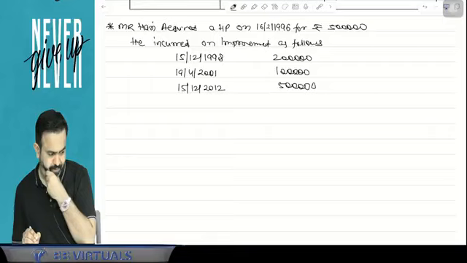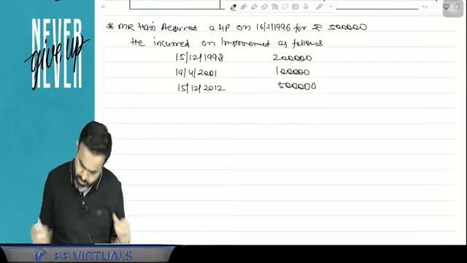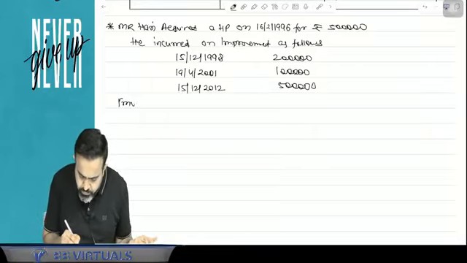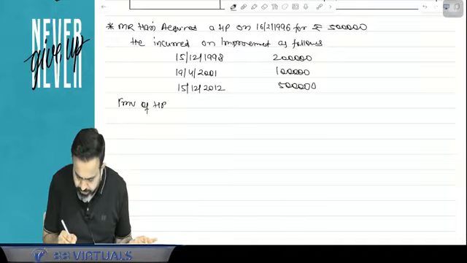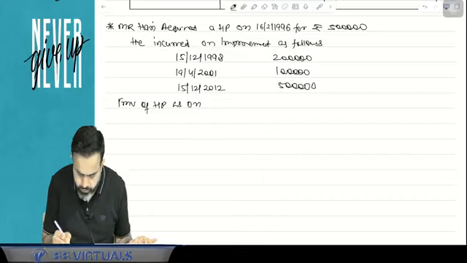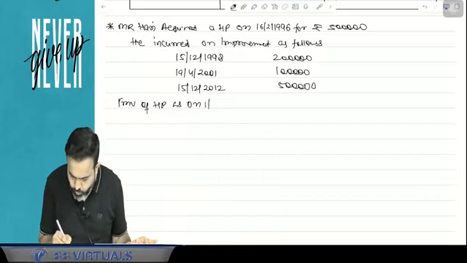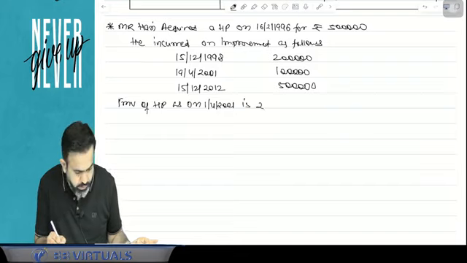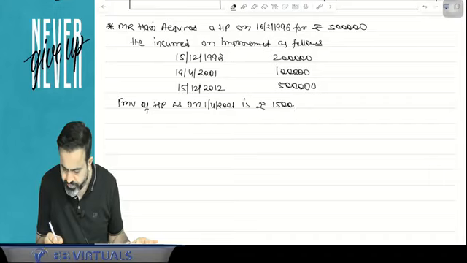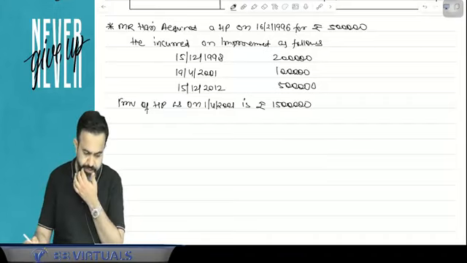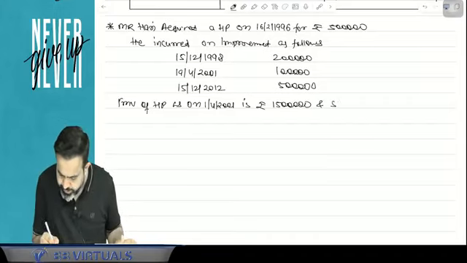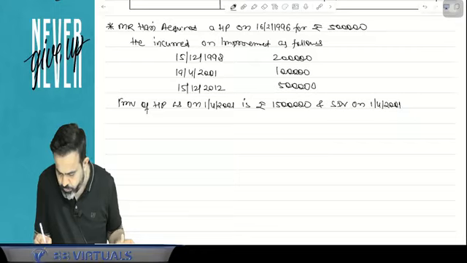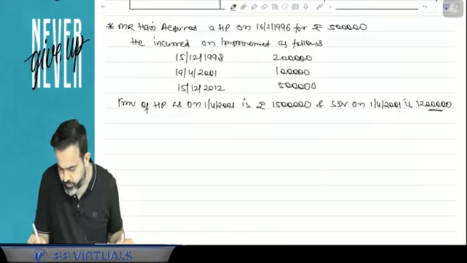Now FMV of the house property as on 1/4/2001 is rupees 15 lakh. And SDV on 1/4/2001 is 12 lakh rupees.